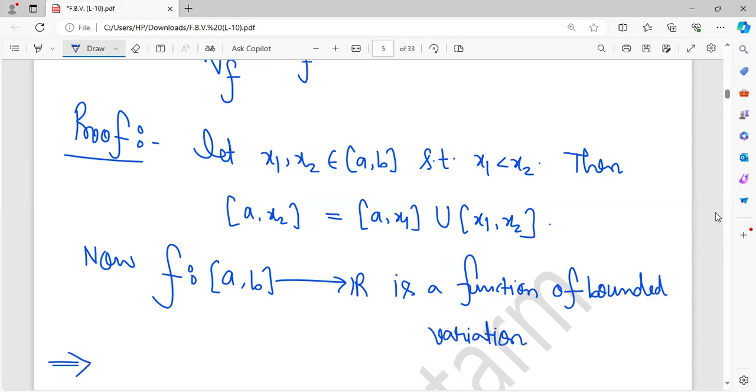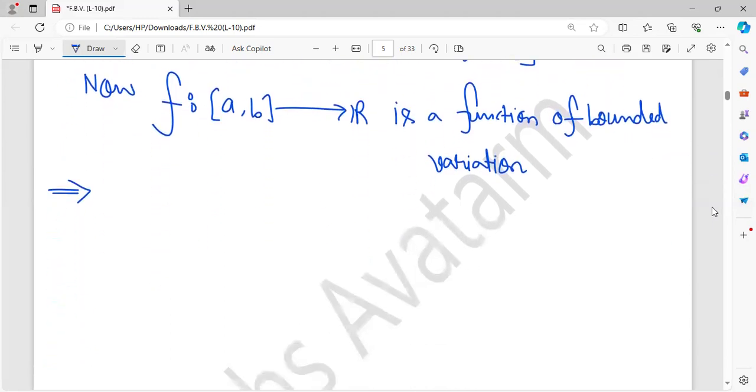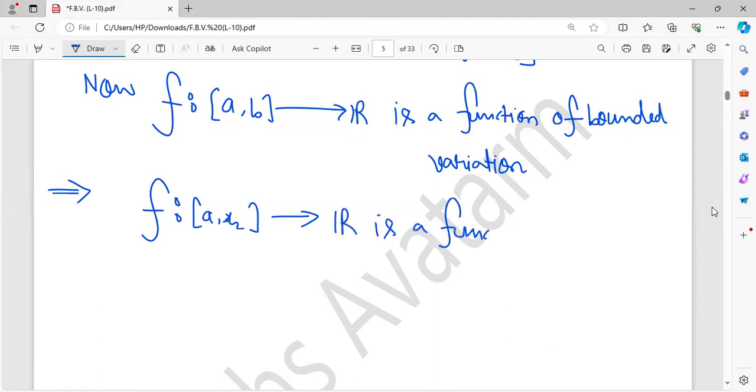So this implies it will be a function of bounded variation on the subinterval [a, x2]. Now f is a function of bounded variation on [a, x2] and x1 is in between.